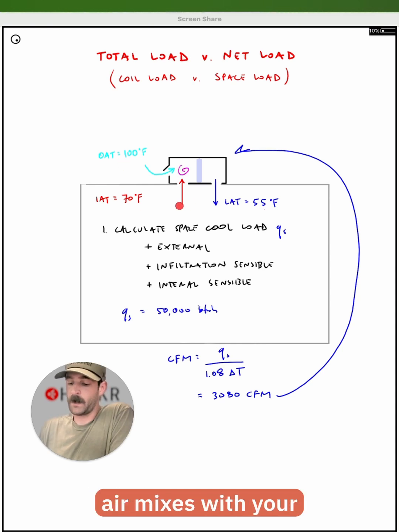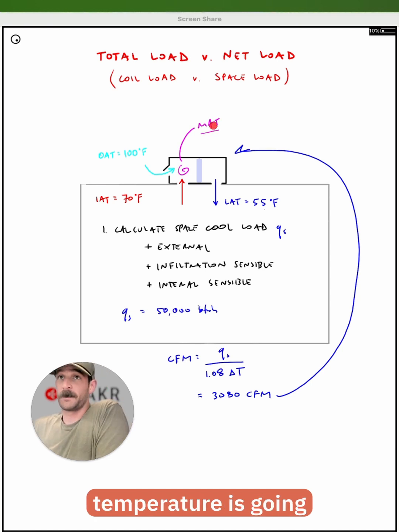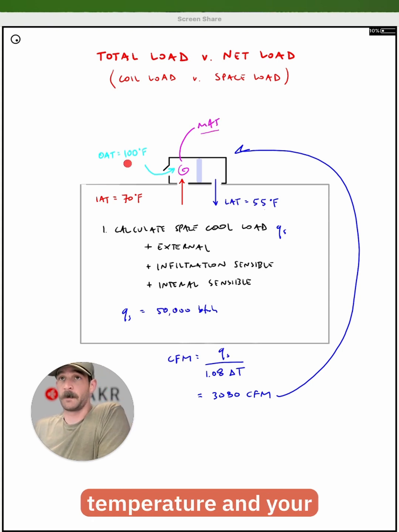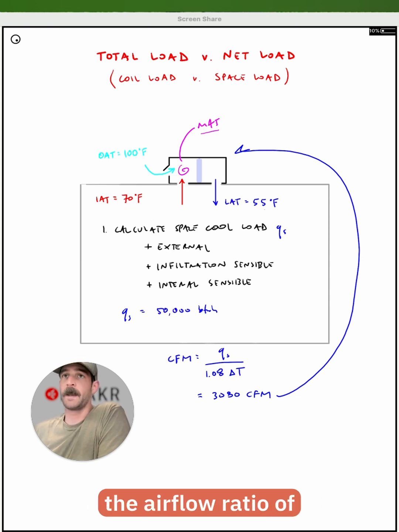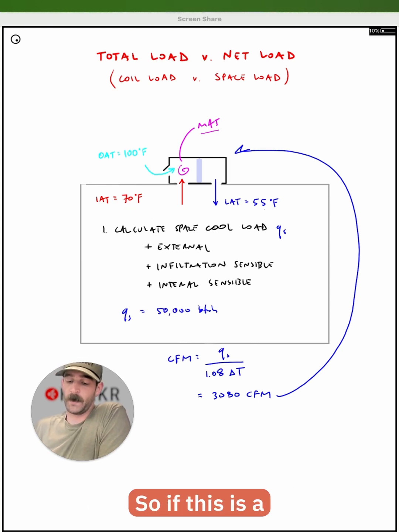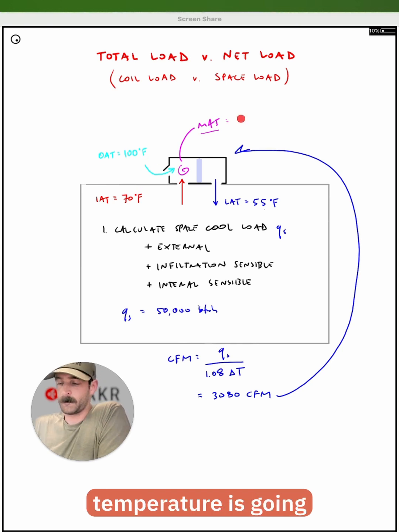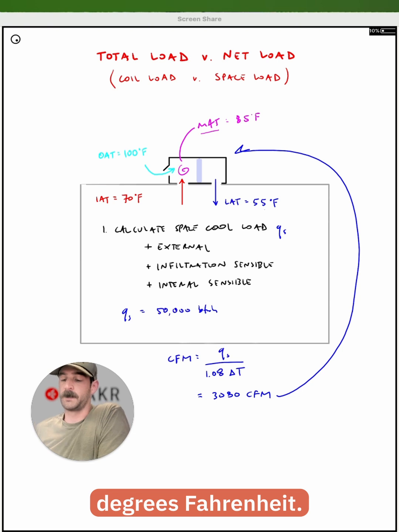So when the outside air mixes with your return air, you're going to get a mixed air temperature. Your mixed air temperature is going to depend on your outside air temperature and your return air temperature, typically close to your indoor air temperature, and the airflow ratio of each. So if this is a 50-50 mix, outside air and return air, then our mixed air temperature is going to be about 85 degrees Fahrenheit.